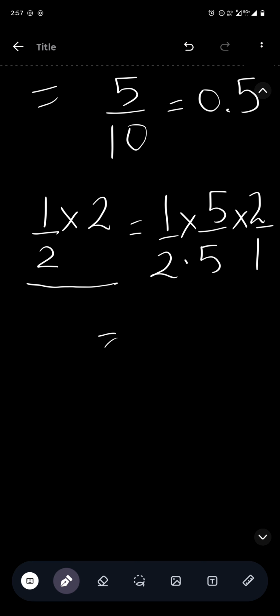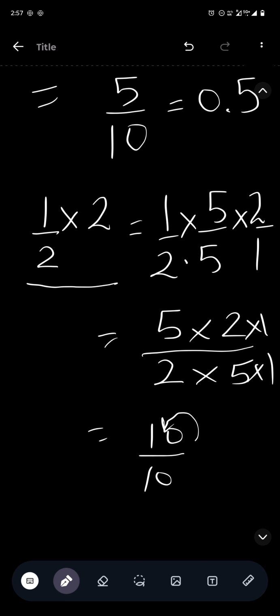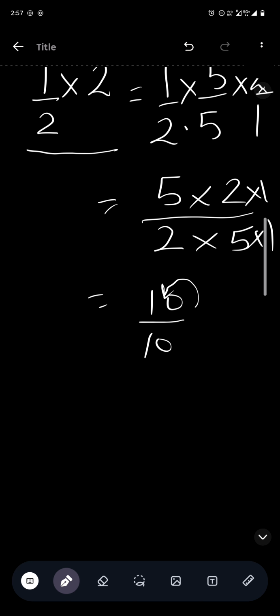So we get here 5 into 2 upon 2 into 5, which is 10 by 10. Since there is only 1 in the denominator, we'll get our decimal point here and it will be 1.0.